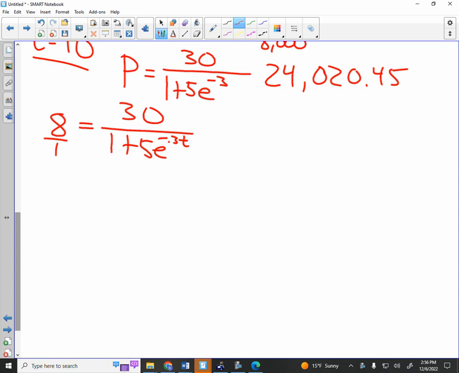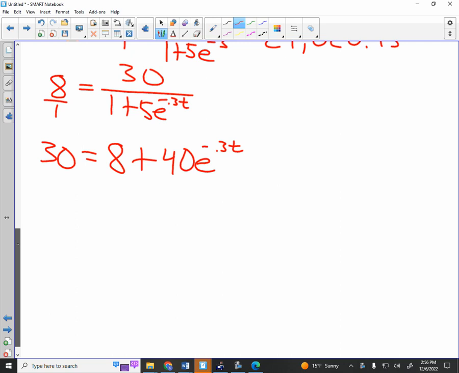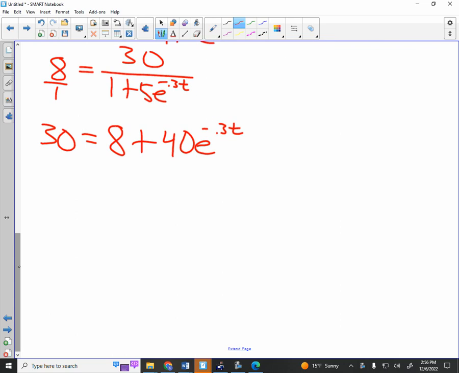Cross multiply. 30 times 1 is 30. 8 times 1 is 8. 8 times 5 is 40. Now what? Minus 8, I get 22 is equal to 40e to the negative 0.3t. Divide by 40. 22 divided by 40 is 0.55.